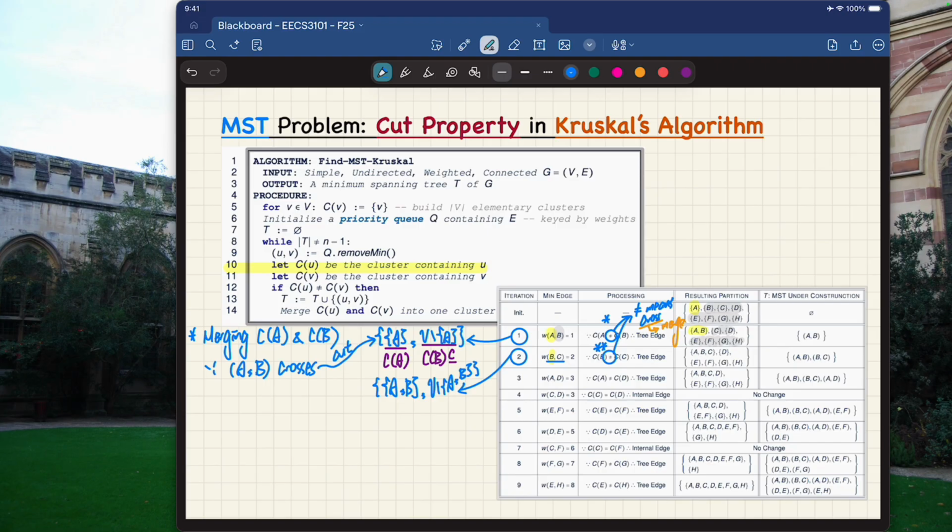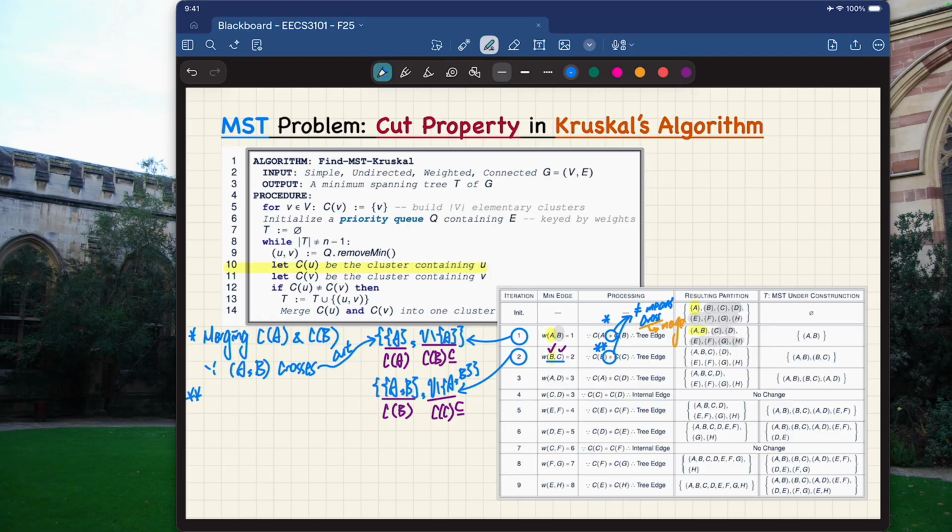This one here is the cluster of B, and the cluster of C is just contained within the rest. So that means this edge over here is going to cross the cut, rather than just staying internal within a particular group. Okay, so that one there, we're going to say star star.